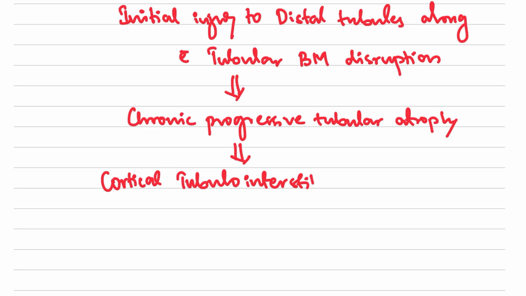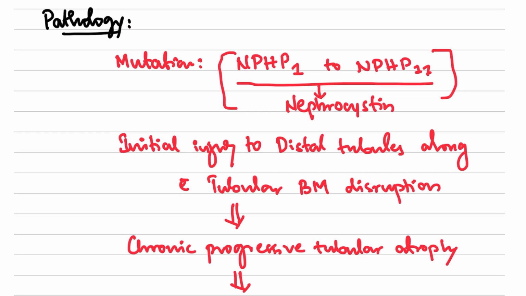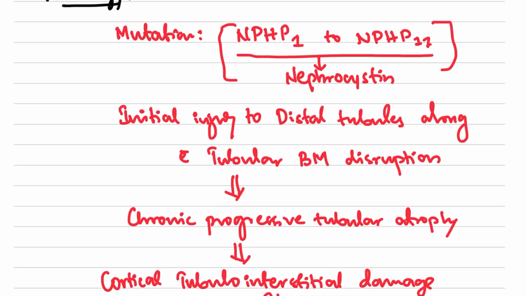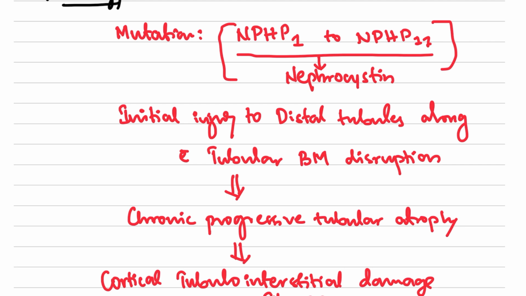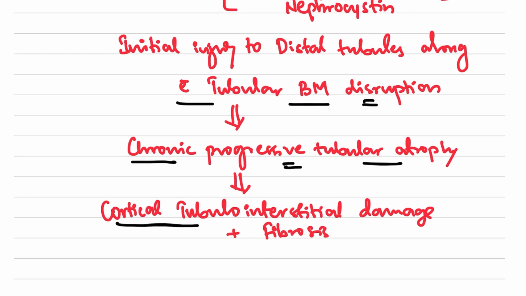So what do we have in the pathology of nephronophthisis? The patient will have mutation of NPHP1 to NPHP11 genes. This leads to defective synthesis of nephrocystin protein, then initial injury to the distal tubules along with tubular basement membrane disruption, finally leading to chronic progressive tubular atrophy, and the patient will end up with cortical tubulointerstitial damage as well as fibrosis. So this is the basic pathology in nephronophthisis.